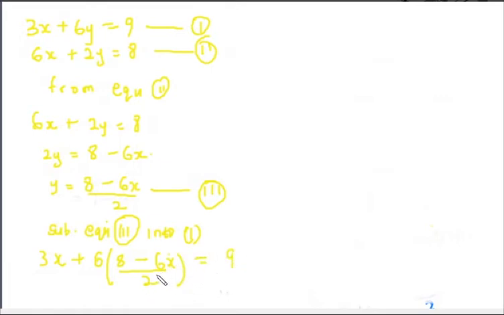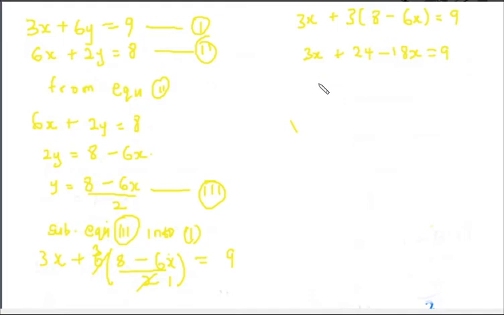So dividing this by 2, 2 goes into 2 once, and 2 goes into 6 three times, so my equation becomes 3x plus 3 open bracket 8 minus 6x close bracket equals 9. So I have 3x plus 3 times 8, which is 24, minus 3 times 6, which is 18x, equals 9.